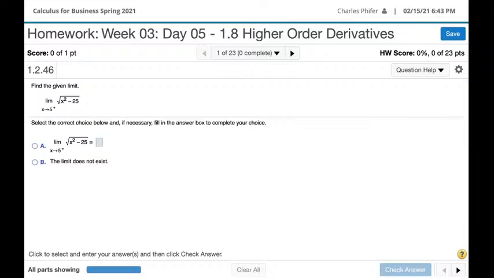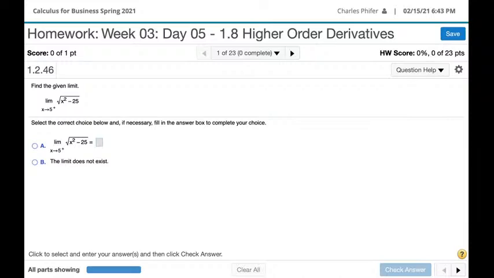For this one, it might not be too bad. It says find the limit as x approaches 5 from the right. I want to say if we just plug in 5 directly, it's going to give us 0. So coming from the right, it should be defined. Let me think about it.